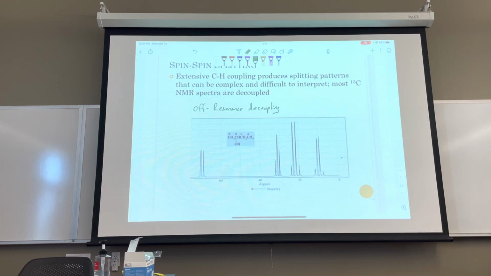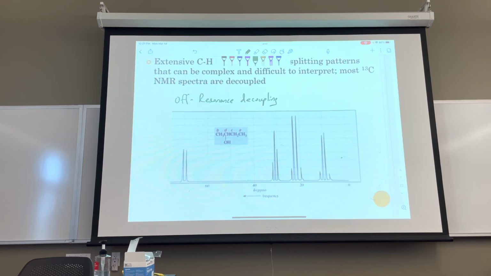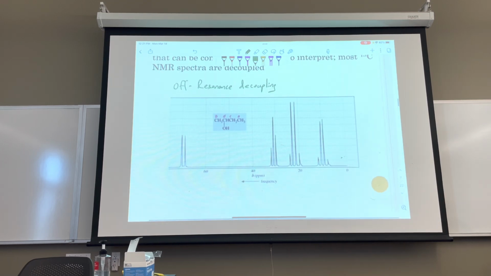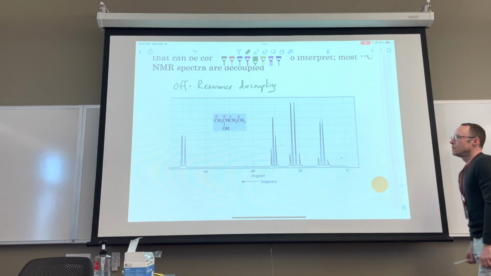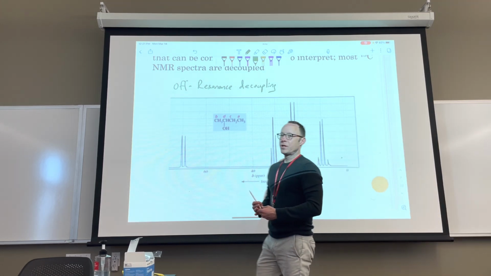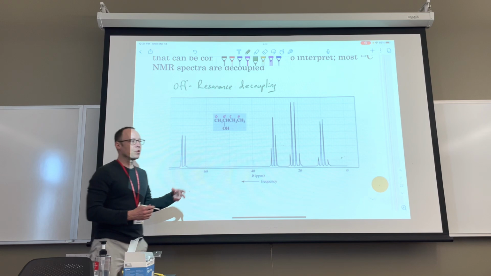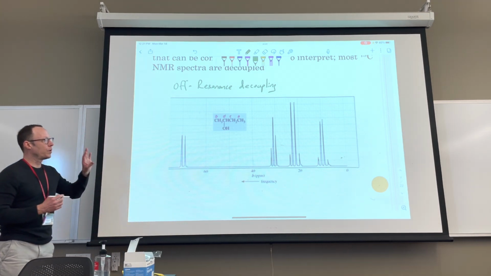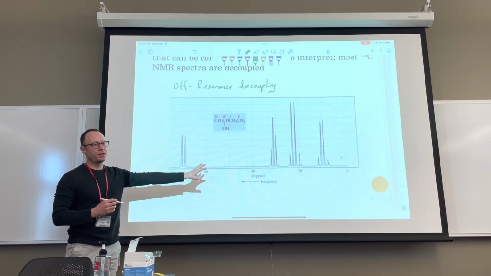So let's see if we can take a minute looking at this spectrum and see if we can identify which carbon is giving which signal. We can do that in one of two ways. There are two important pieces of information when looking at this structure and comparing it to the spectrum.